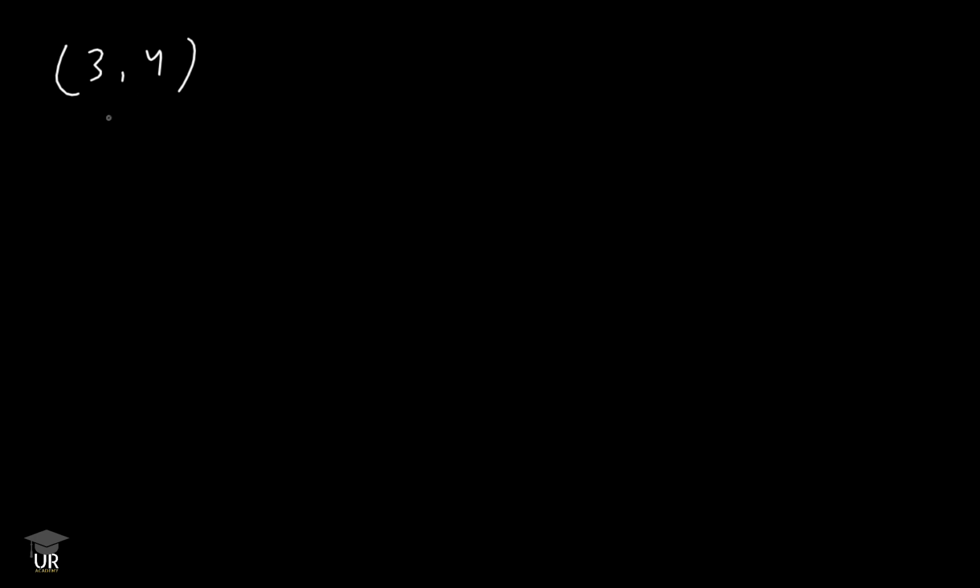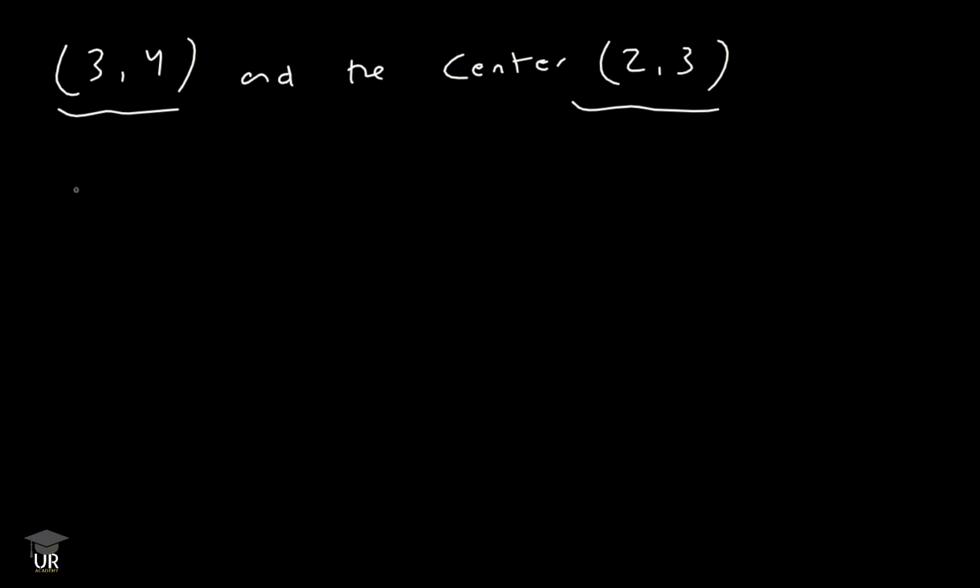So what I can do is calculate the distance between 3, 4 and the center of the circle, and the center coordinates were 2, 3. So let's now check this. Again I will use the formula for the distance.